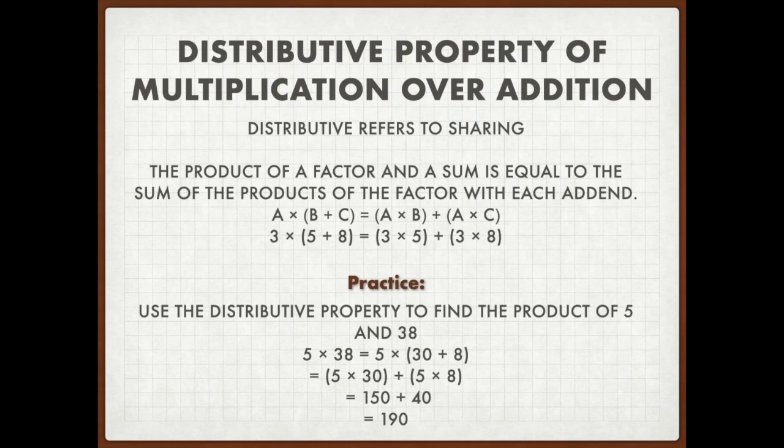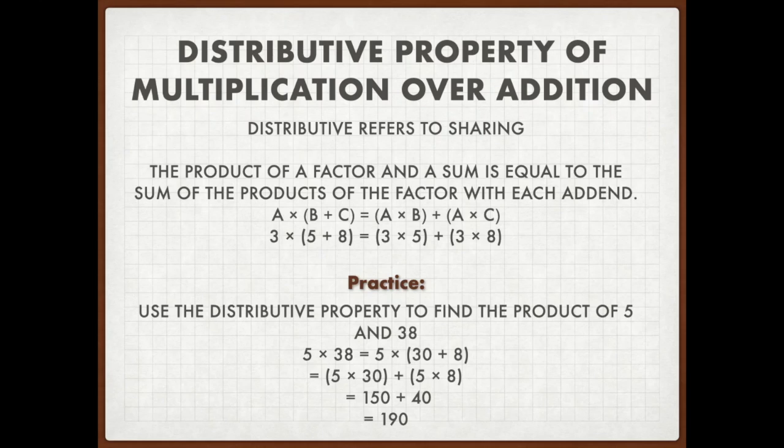So if I have A times parentheses B plus C, that's the same thing as saying parentheses A times B plus A times C. So it's kind of like that A has to multiply each of the parts of the parentheses. That A has to take turns to focus on each of the parts of the parentheses.